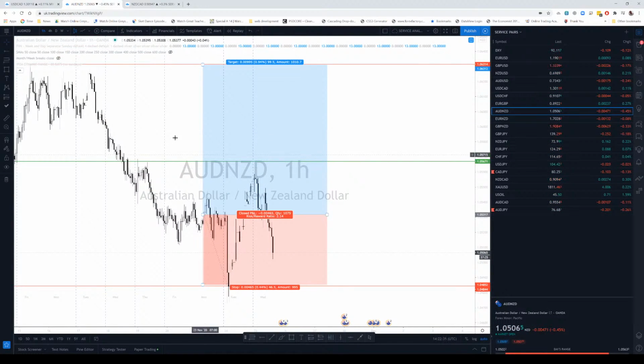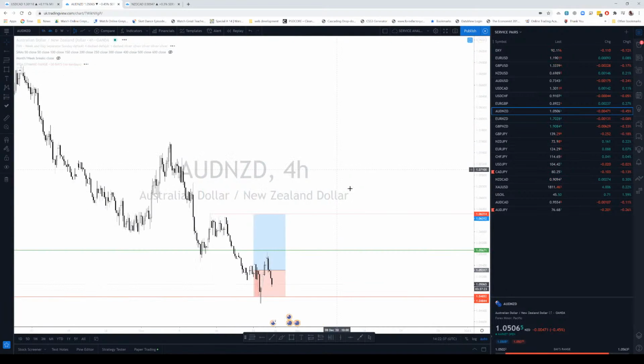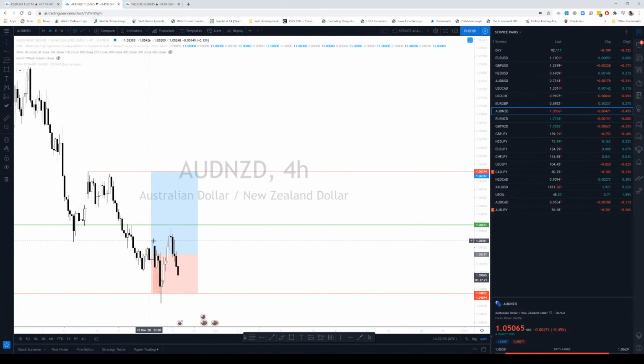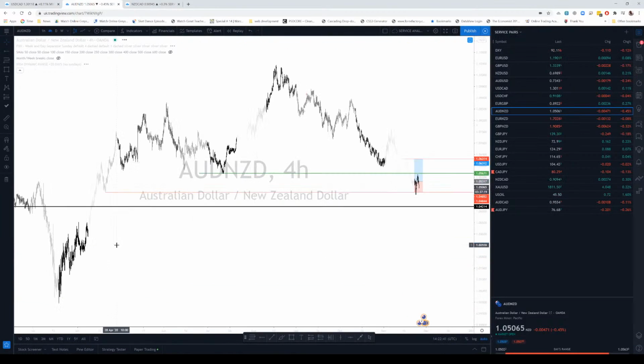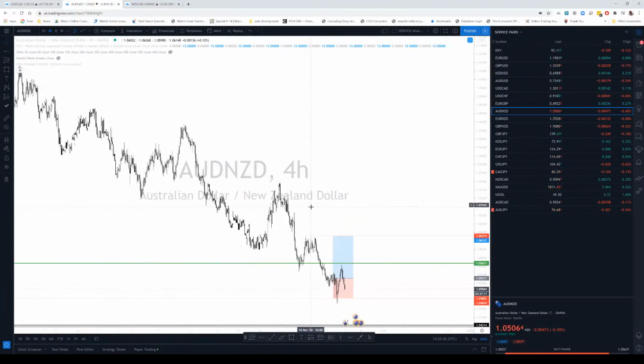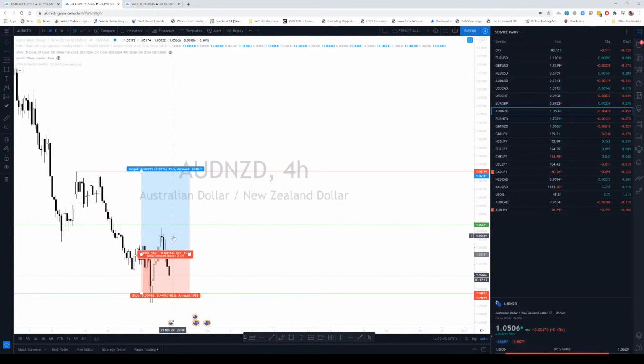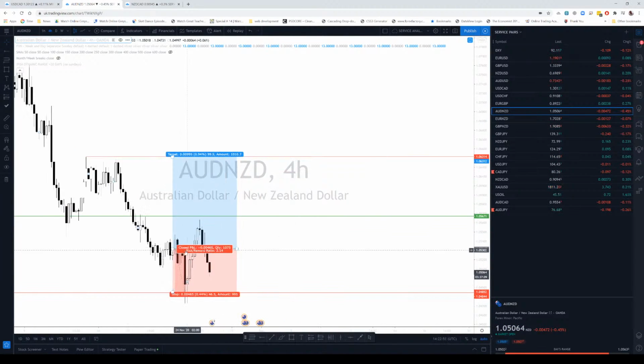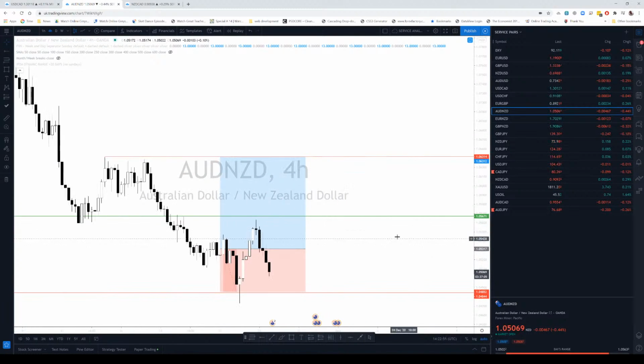Aussie, New Zealand, this pair is playing with my patience. We did take out a daily low in here, and we broke market structure. So I was expecting price to at least come and take out this equal high, and just like it did on Monday, it's doing the same thing today, and it's not giving up that.